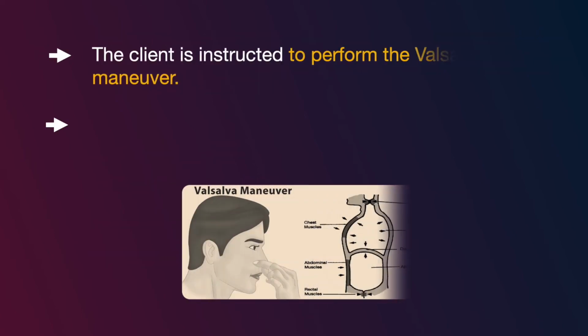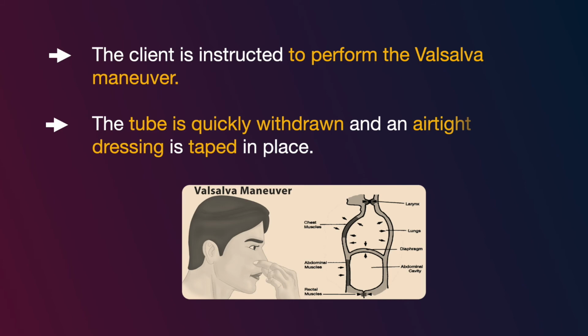When the chest tube is removed, the client is instructed to exhale with moderate force through the mouth while holding the nose tightly closed. The tube is quickly withdrawn and an airtight dressing is taped in place.